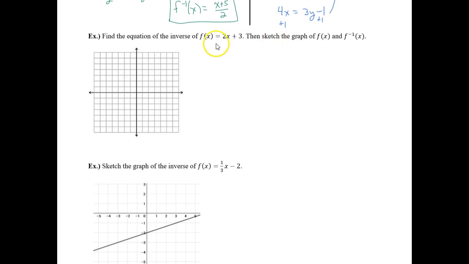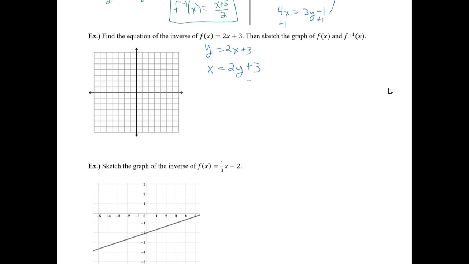So, first to find the inverse equation, remember f of x is the same thing as y, and we're going to switch x and y. So now it says x equals 2y plus 3. Then we solve for y. So I need to get y alone.